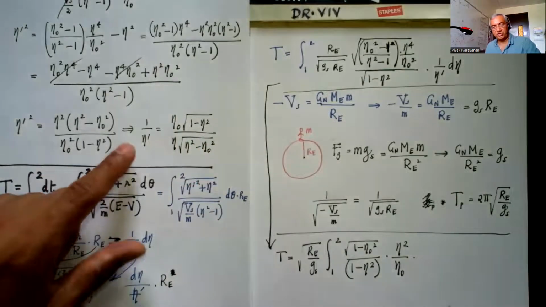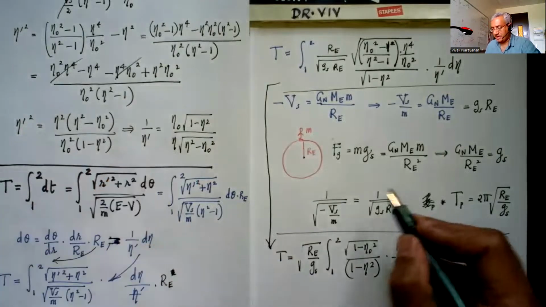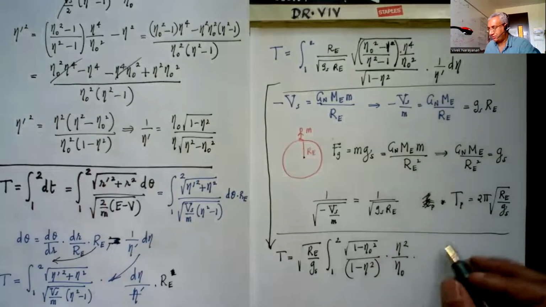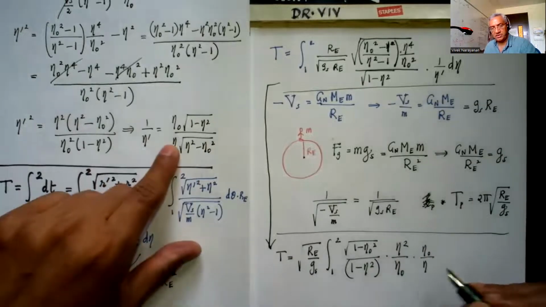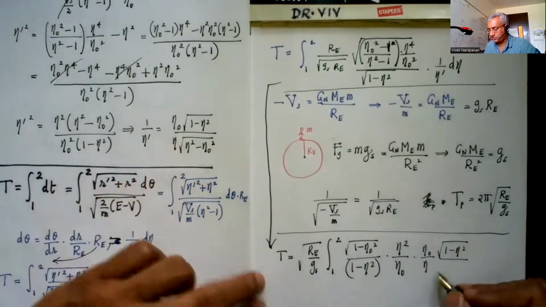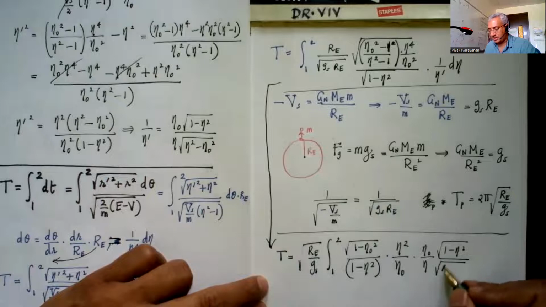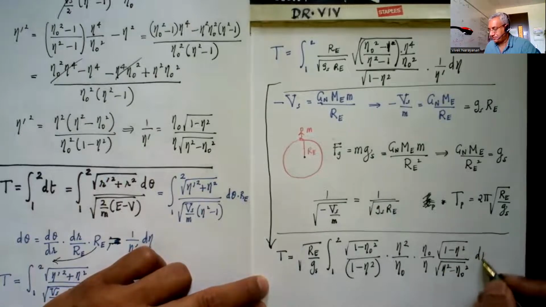That's why I needed this also. So let me substitute for that. 1 over eta prime is being substituted for next. So that gives me eta naught over eta times the square root of 1 minus eta squared over square root of eta squared minus eta naught squared d eta.